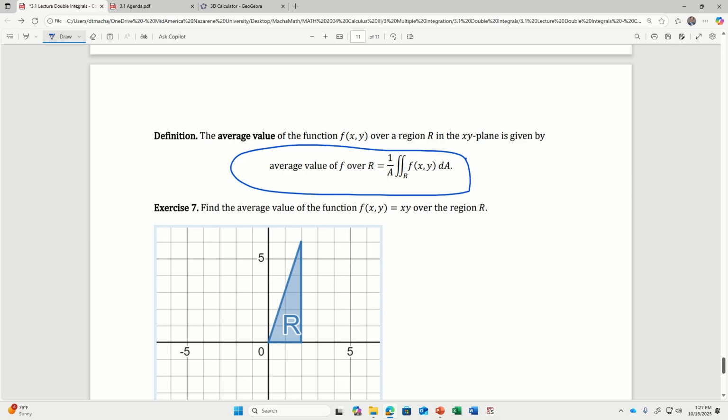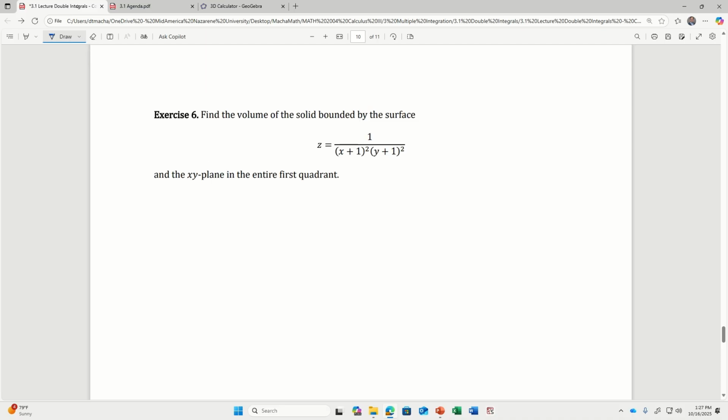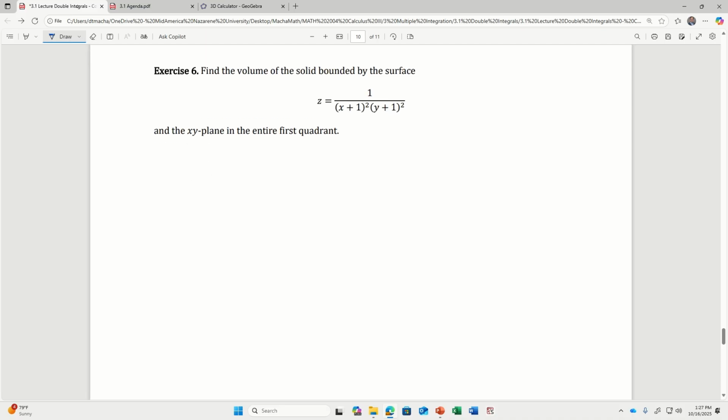Cool? And then the last one that I want to talk about is this one, because this one's super tricky. We're finding the volume of the solid bounded by the surface and the xy plane in the entire first quadrant, where x goes from 0 to infinity and y goes from 0 to infinity.